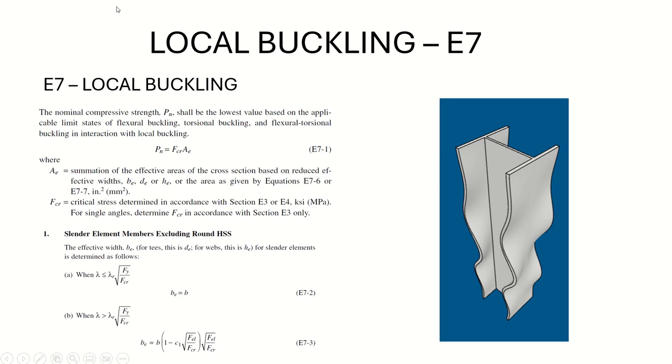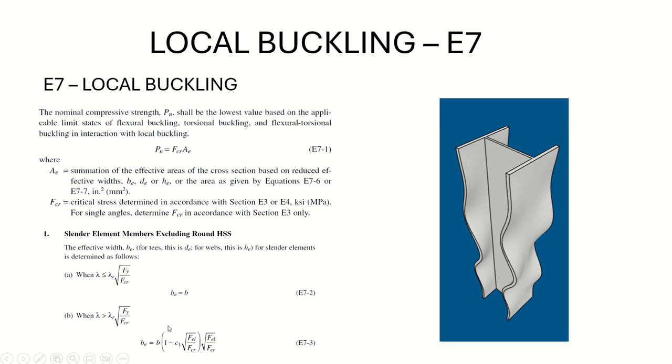And finally, we have the local buckling in section E7, and in this case you will also have a slenderness limit, which will give us an idea that only elements over some limits are going to be subject to local buckling, not all the elements, only these ones.